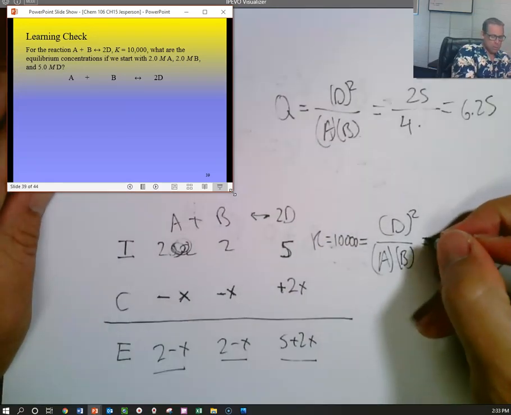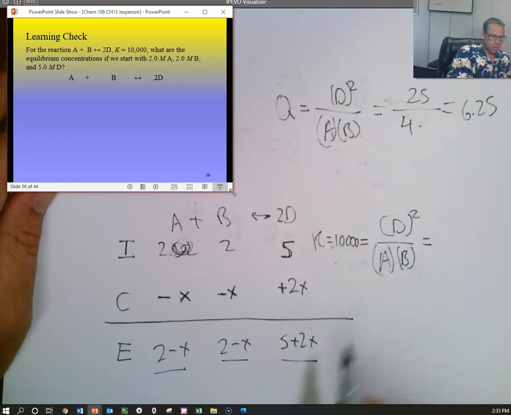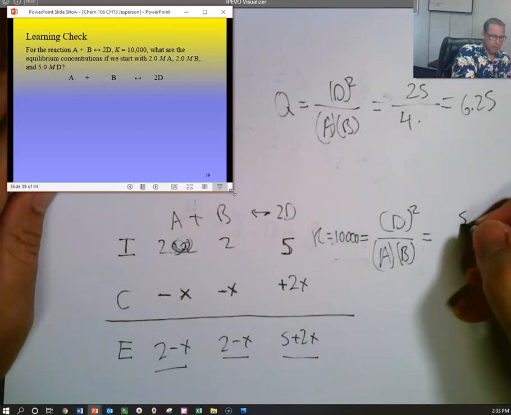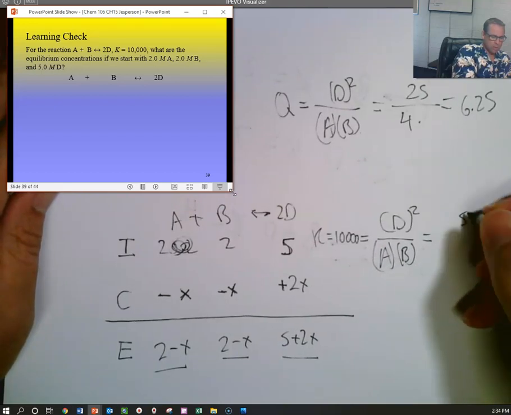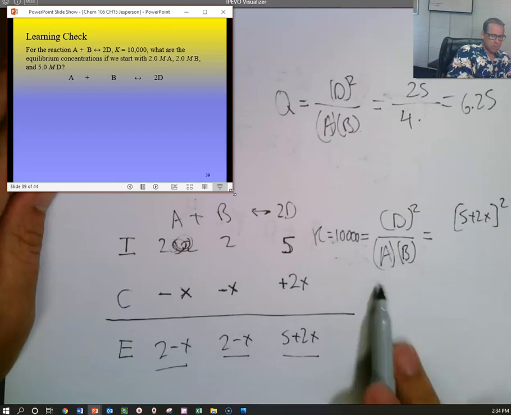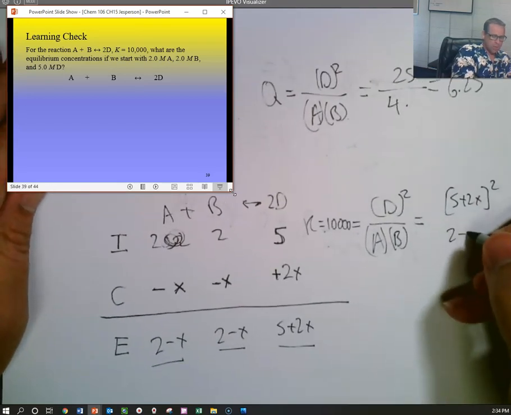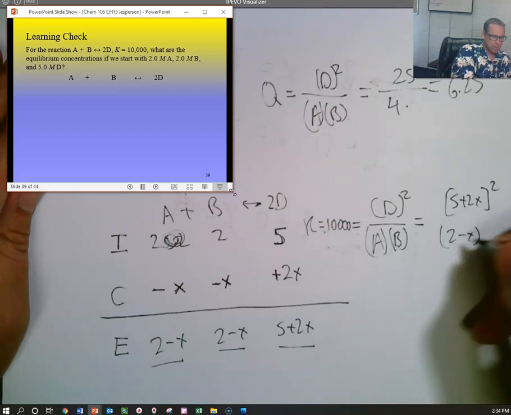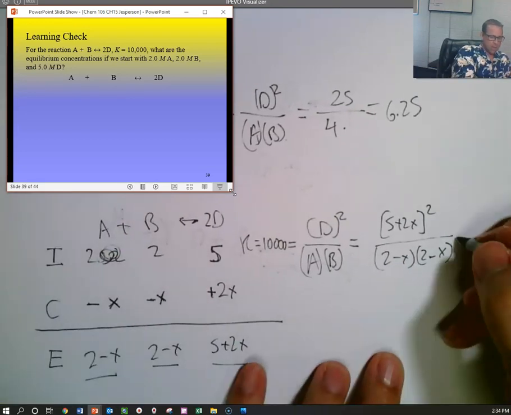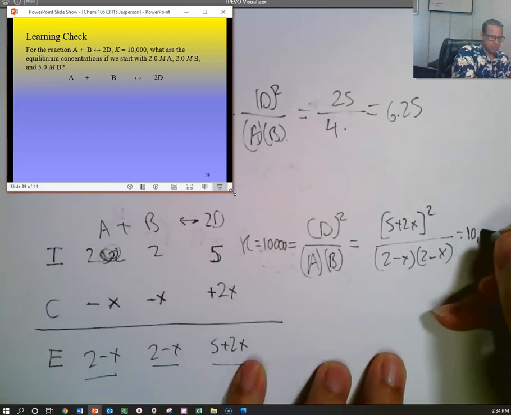Okay, so equilibrium concentration of D, that's this, 5 plus 2x. So I go 5 plus 2x, that quantity squared. And then down here, 2 minus x times 2 minus x. And again, this value equals 10,000.